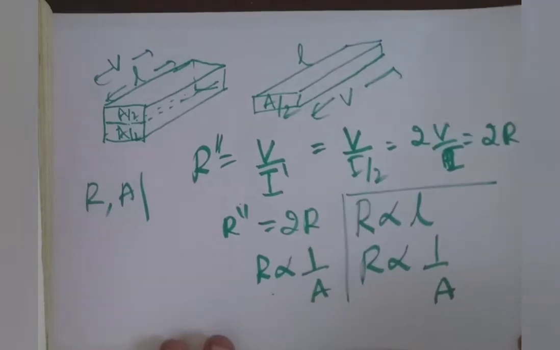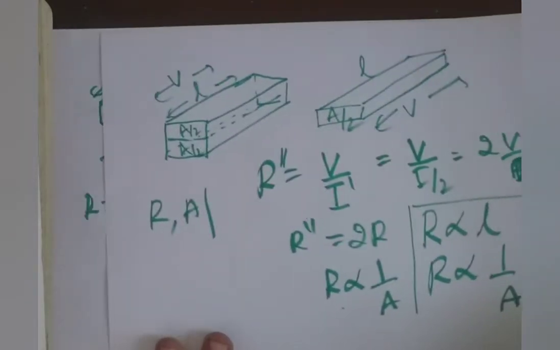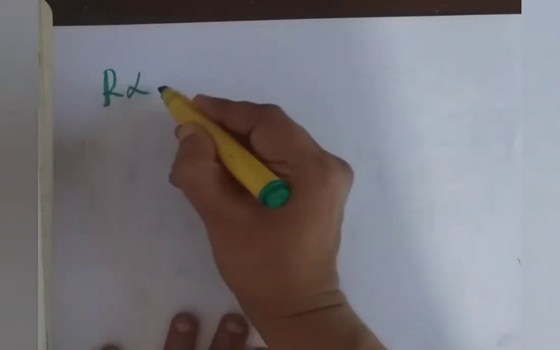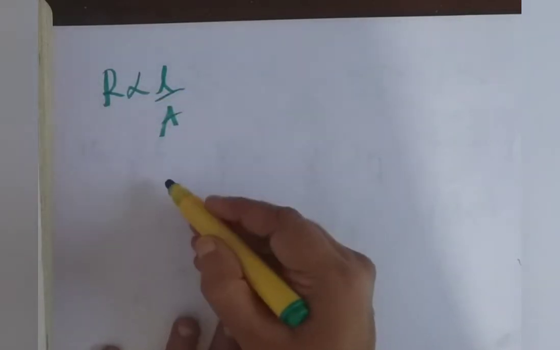Using these two ideas, we continue with the next concept. Observe carefully. R is proportional to L by A, combining those two.